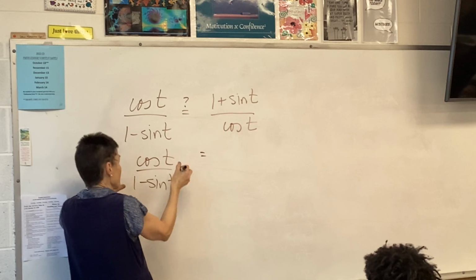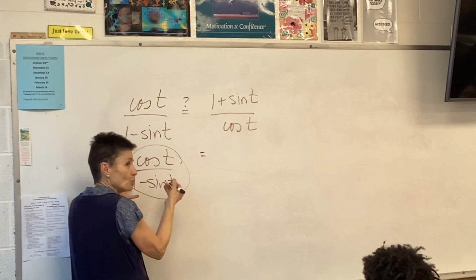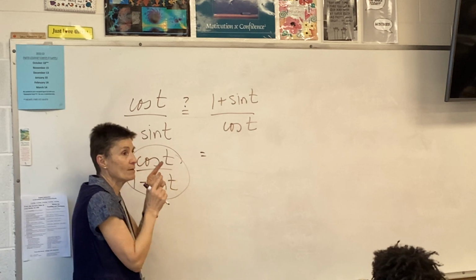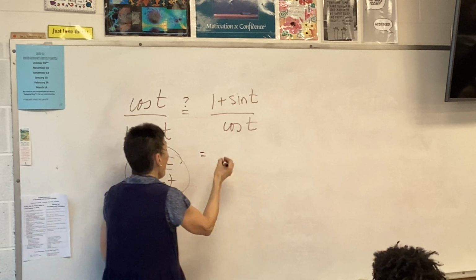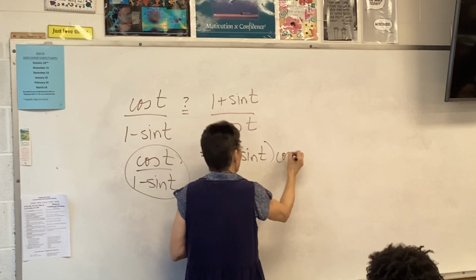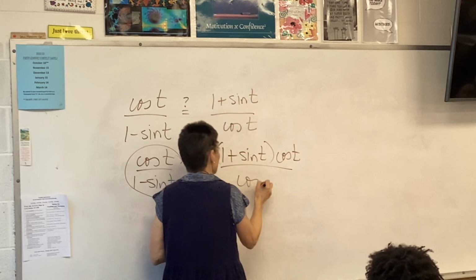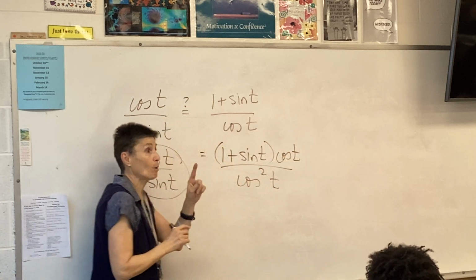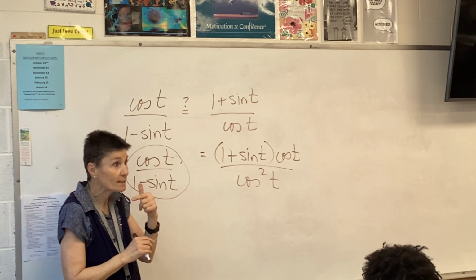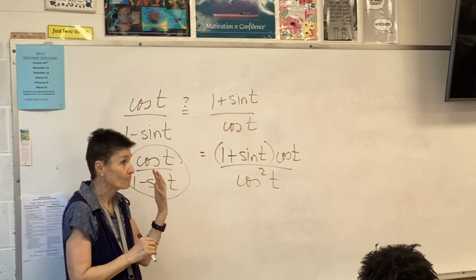I'm going to think of this as my answer, because this is what I'm shooting for. My answer has a cosine in the numerator. What if I just put a cosine in the numerator? Now, that's perfectly legit, as long as I also put 1 in the denominator, right?